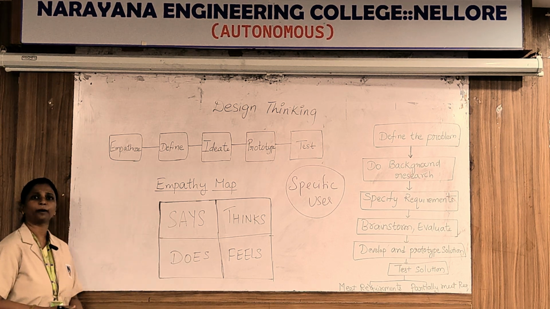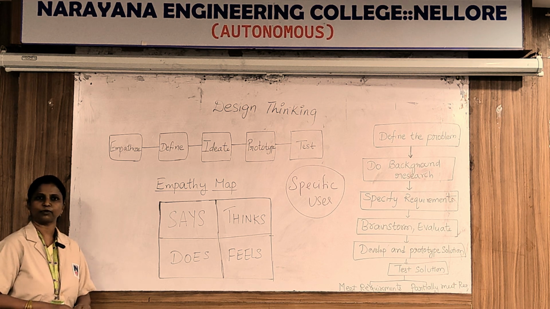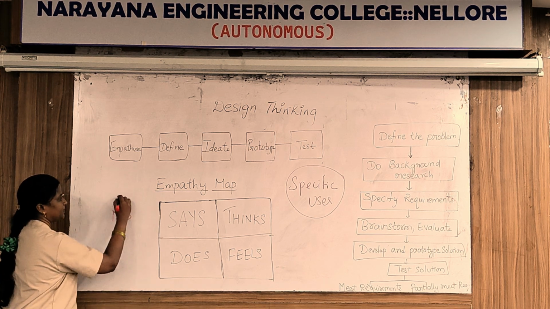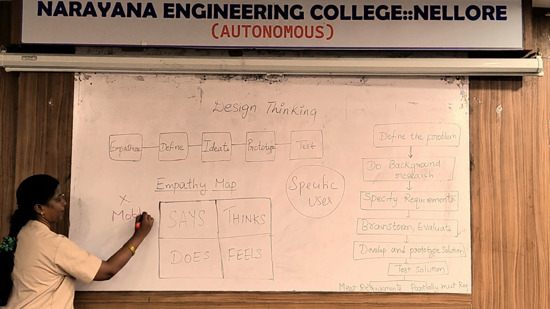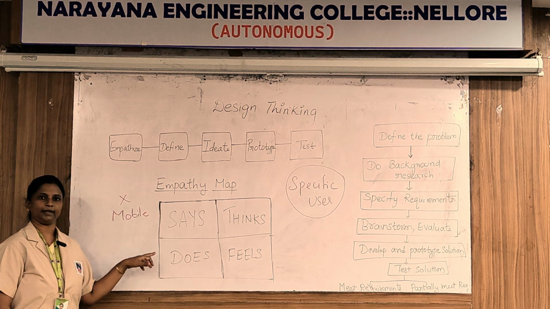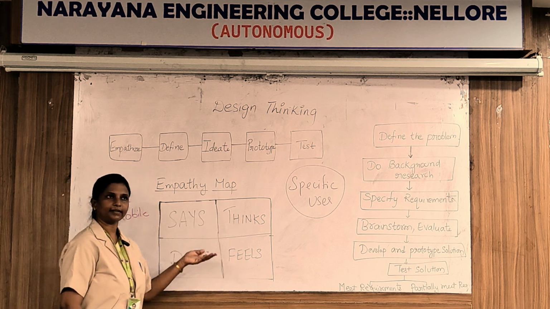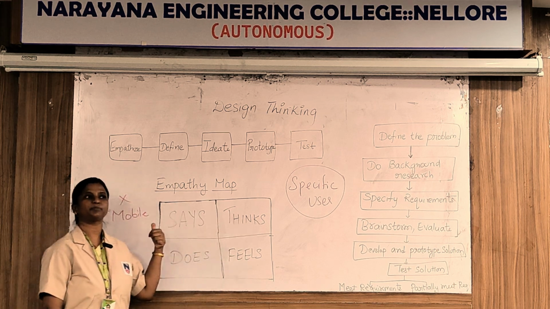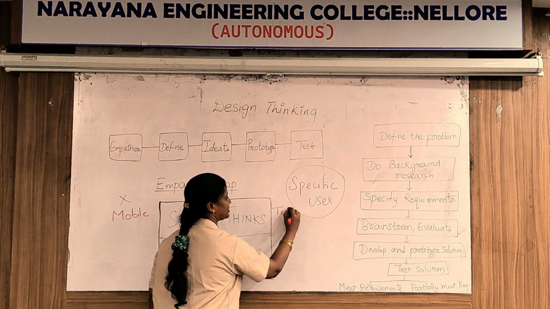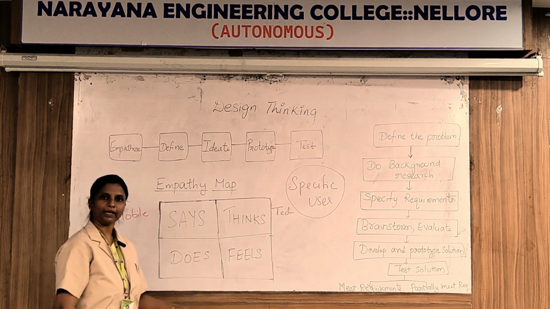Let us take a small example for the empathy map. Suppose you are going to buy the latest mobile in the market. So we say that some person X wants to buy a mobile. The person X says, I want to buy a mobile. What will be running inside his mind? Which is the mobile best suited for me? He may think about the latest technology related to that mobile.